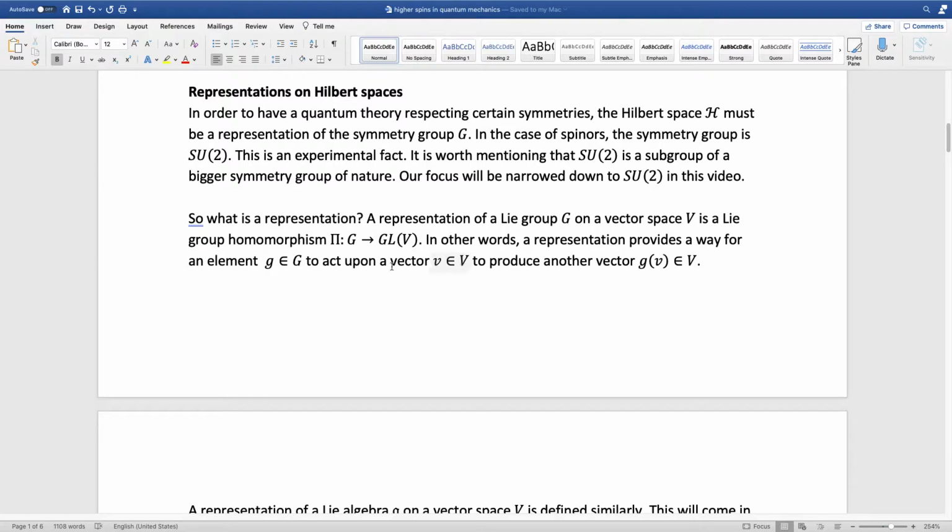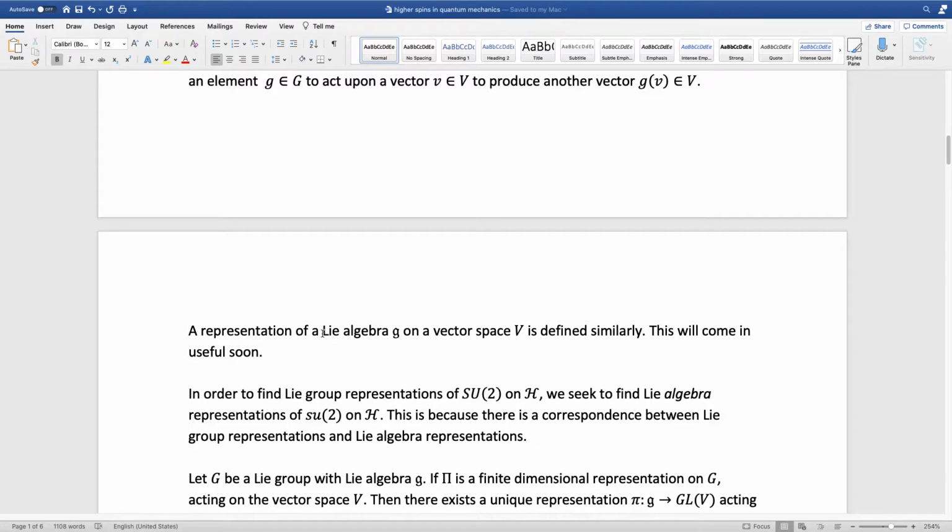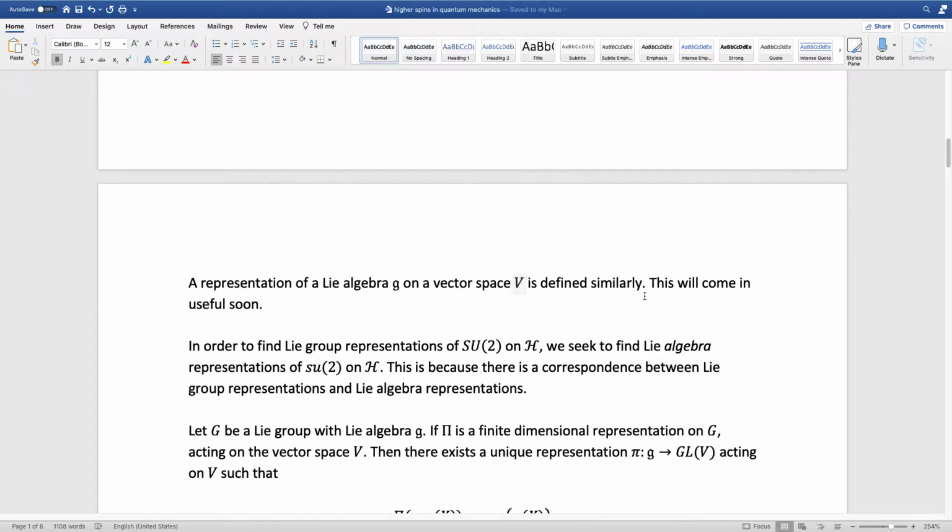So it is a very natural sense of the action of the Lie group on the vector space. Similarly, we can define the representation of a Lie algebra, which is a linear mapping from the Lie algebra to GL(V). This will come in useful soon.